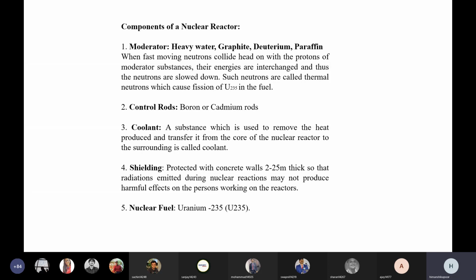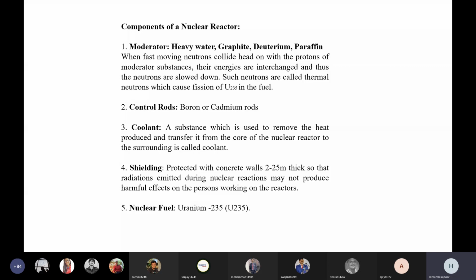Then we also have another kind of nuclear reactor, which is the mixed oxide fuel reactor. So what happens in a mixed oxide fuel reactor? You have U-235 and you have the extracted plutonium. The plutonium that is already in spent fuel, you use that along with U-235. So both of these work as fuel in a mixed oxide fuel reactor.